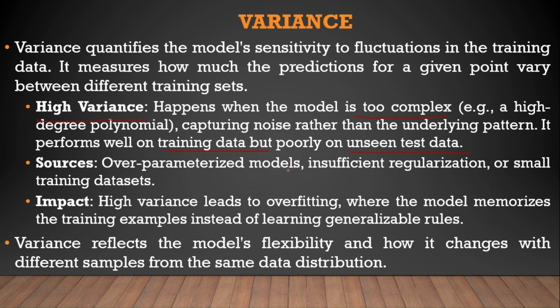Causes: over-parameterized models, insufficient regularization, or small training datasets. Impact: high variance leads to overfitting, where the model memorizes the training examples instead of learning generalization rules. So variance reflects the model's flexibility and how it changes with different samples from the same data distribution. This is what we call variance.